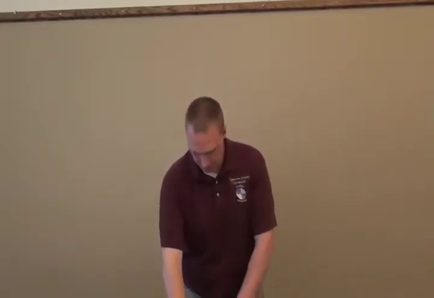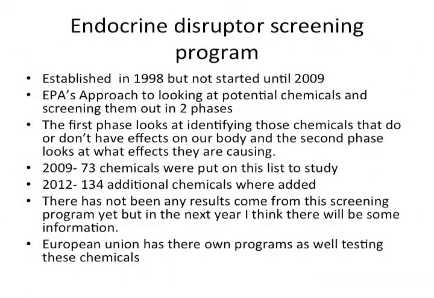So our government decides to do something about this because people are saying, hey, we have problems with this hormone disruptor thing that people are talking about. So in 1998, they created a program called the Endocrine Disruptor Screening Program, but it wasn't actually started until 2009.